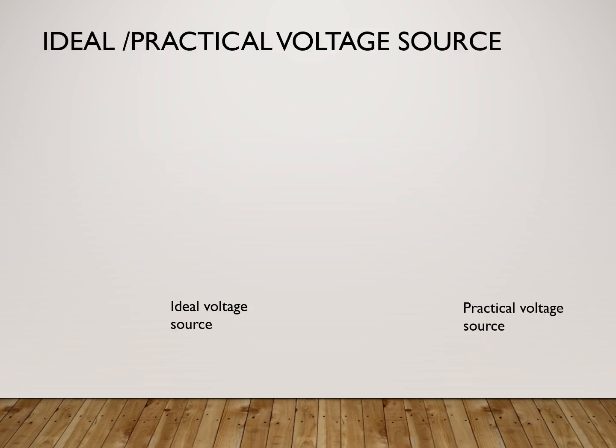When we are speaking about the ideal voltage source, like I said, this is the representation of an ideal voltage source, and these are the load terminals. Here there's no internal resistance, because of which, if you connect a load over here at these terminals, the load voltage VAB is going to be equal to Vs only.